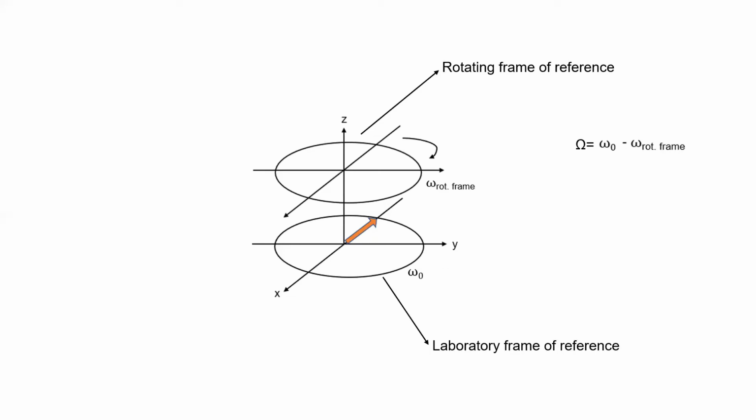So this omega naught minus omega rotating frame will give nothing but the difference between the magnetic fields, as omega is minus gamma B naught. Capital omega will be minus gamma delta B naught, of rotating fields and B naught of rotating frame of reference. So with this, we get delta B naught is minus offset divided by gyromagnetic ratio. The delta B naught we call the reduced field.